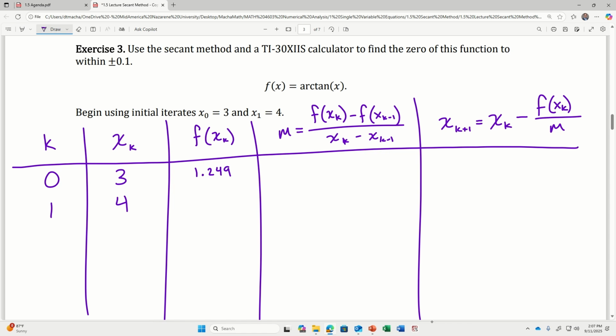What is arctangent of 4? 1.326. Okay. Now, take open parentheses 1.326 minus 1.249, close parentheses, divided by 1. Well, I guess you don't need to divide by 1, right? But what's the difference between these two?